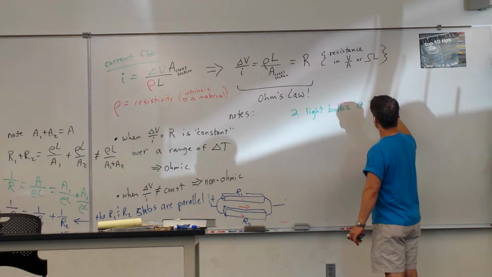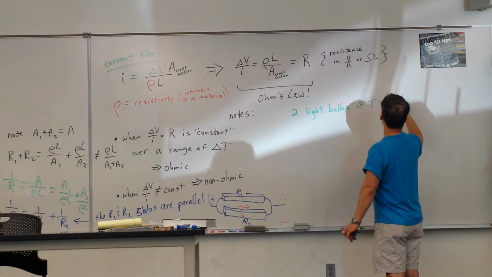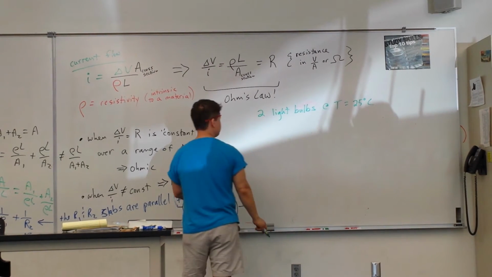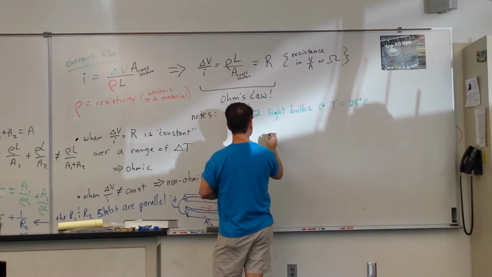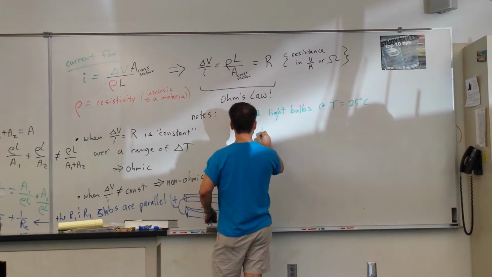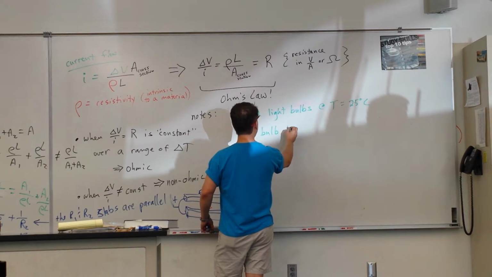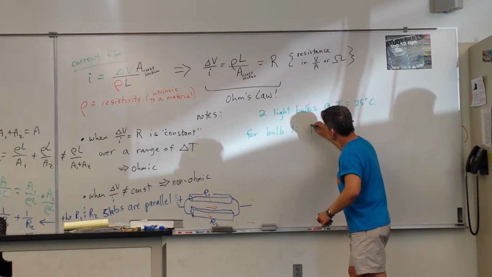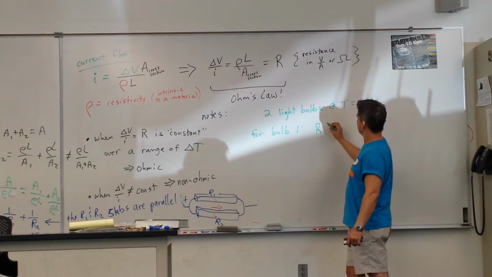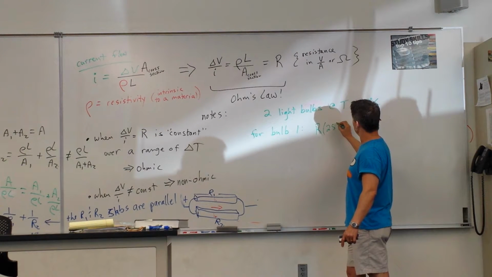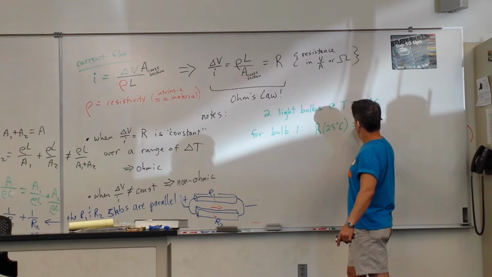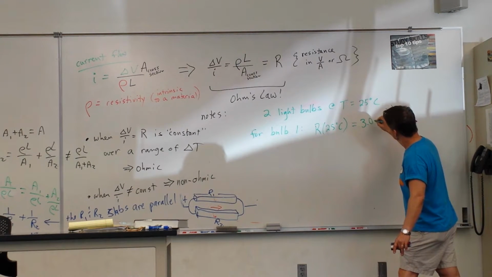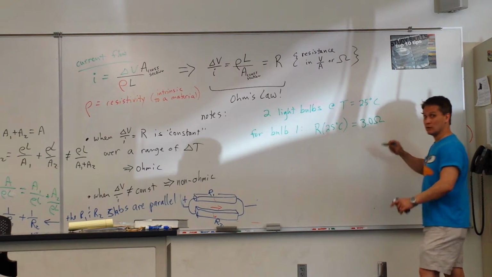At room temperature, so at about 25 Celsius or so. It's not really room temperature. For bulb 1, the resistance at 25 degrees Celsius is 3 ohms.